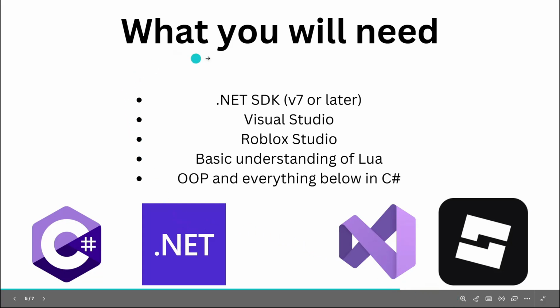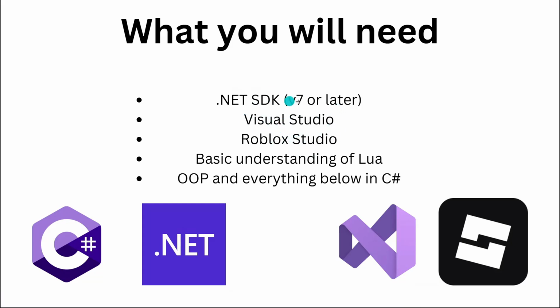You're going to need these 5 things. Now, the .NET SDK and Visual Studio come pre-bundled with the Visual Studio Store, which I'll show you in one of the next videos on how to install it when we need it. You also need to have Roblox Studio, of course, because it's a Roblox tutorial. You need to have a basic understanding of Lua: variables, services, for loops, while loops, if statements. This tutorial is not going to teach you Lua, but instead it's going to teach you how to do the connection with Lua and C#.